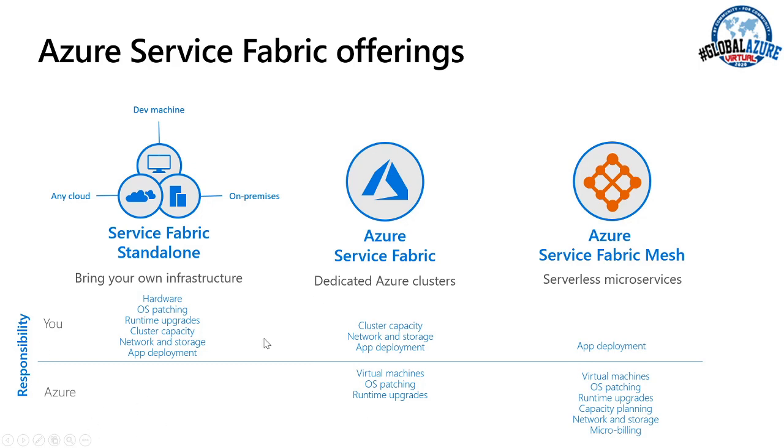And here we can find what's our responsibility and what's the responsibility of Azure here: virtual machine, the cluster, app deployment. So here we can choose between one of these options.